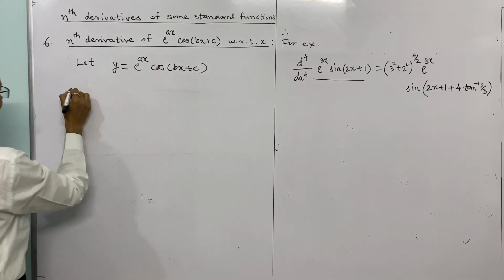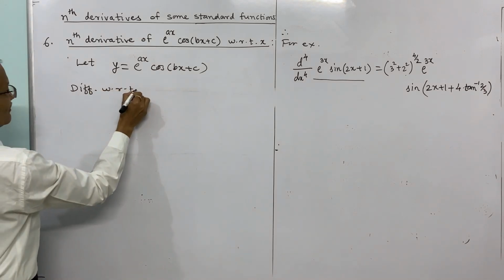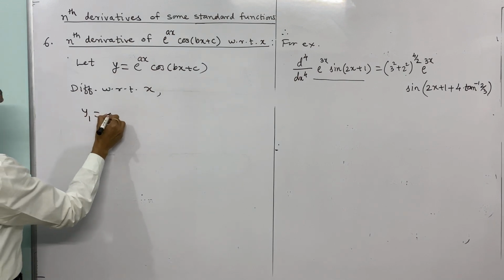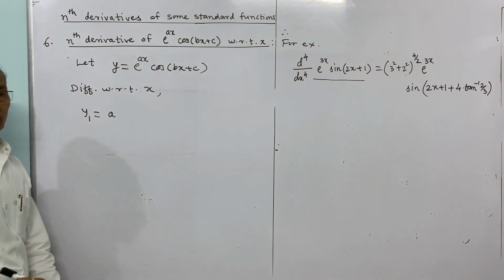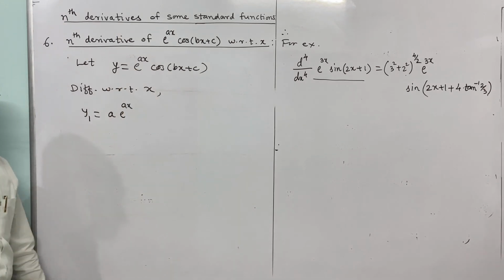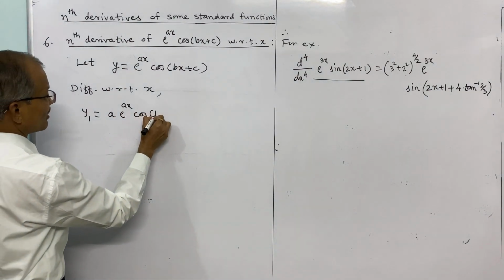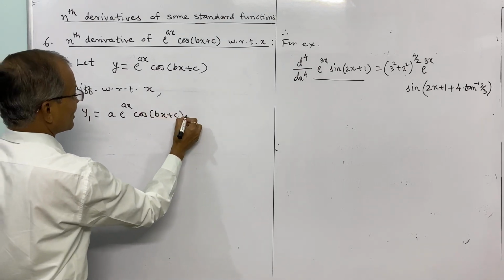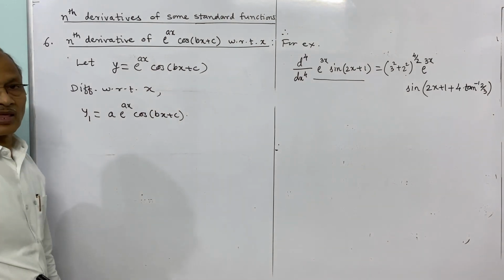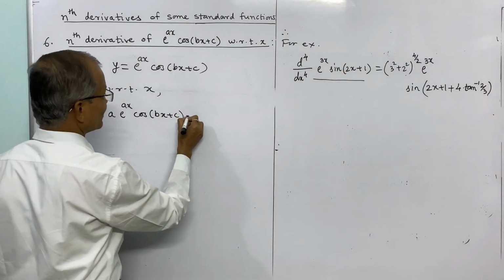Differentiate with respect to x. So what we will get is y1, and again use the product rule. A e to the power ax, we have written it in the earlier expression also. Second function as it is, cos of bx plus c. Now the first function as it is, times the derivative of the second, and the derivative of cosine is negative, so I shall write the negative sign.